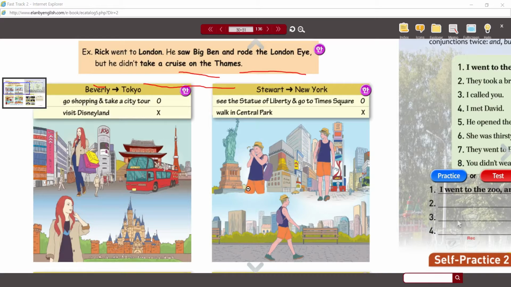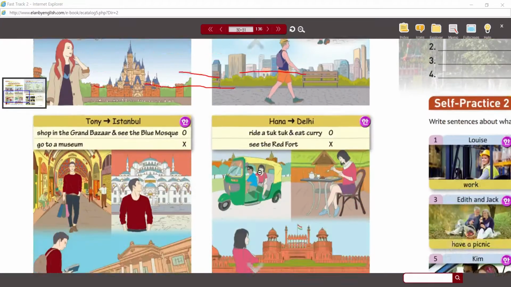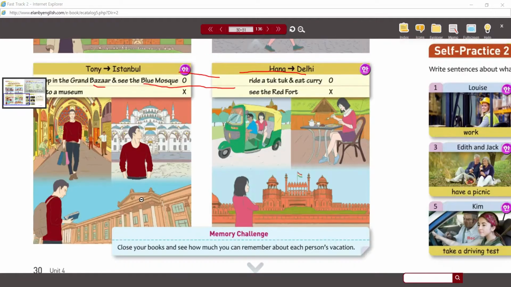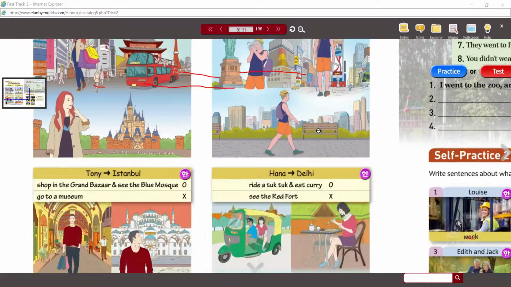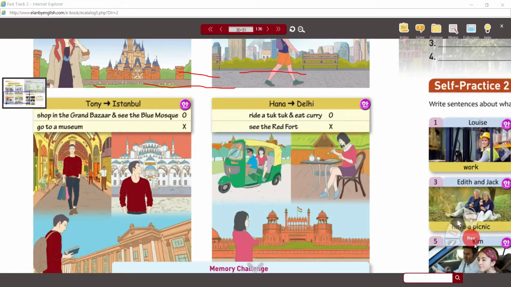Okay. And the same with Stuart, same with Tony, and the same with Hannah. Okay. All right, so take the time with your partner or alone, talk about the things these people did or did not do in these cities. Okay. All right, I'll see you back here to review.